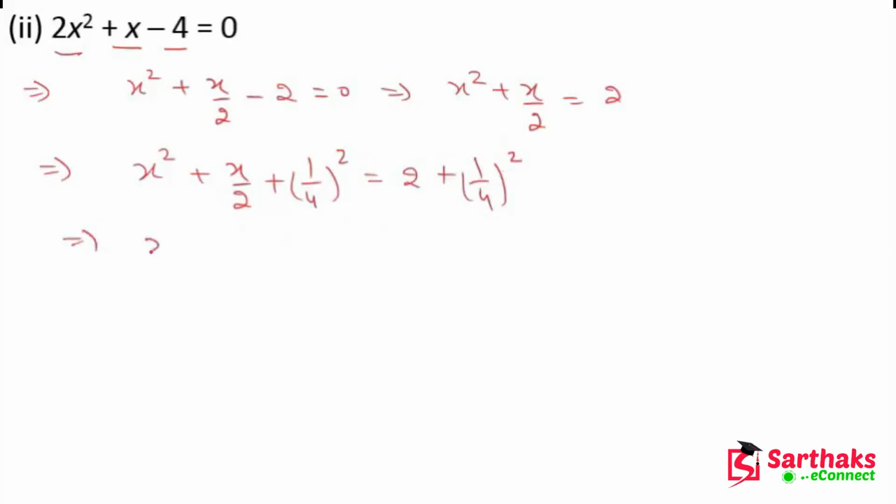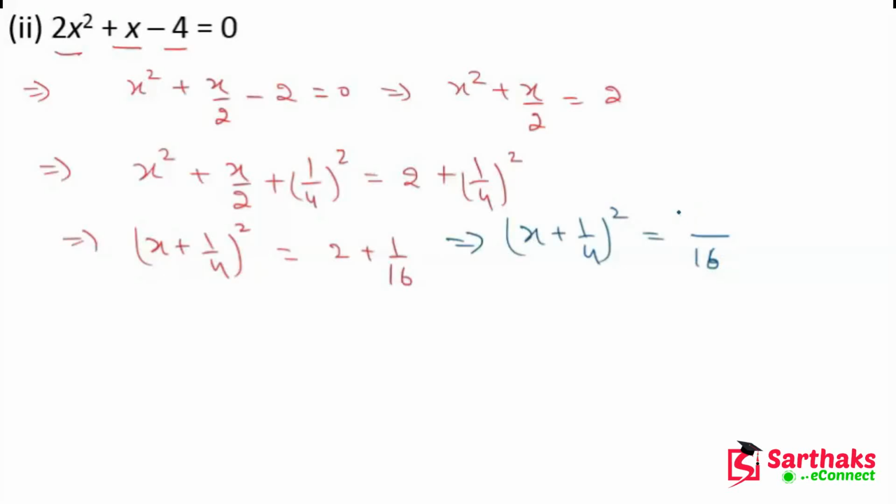Okay, so we get x plus 1 upon 4 whole square, which is equals to 2 plus 1 upon 16. Taking LCM 16, we get 32 plus 1, which is equals to 33 upon 16.